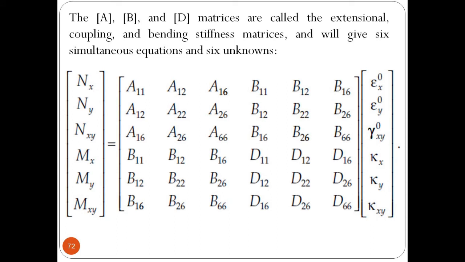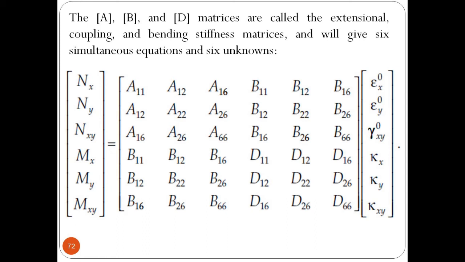After assembling all the A, B, D matrices for the force per unit length and the moments per unit length in terms of the strains and the curvatures, with strains represented by epsilon and curvature by kappa, the fully populated matrix will be described as follows: Nx, Ny, Nxy, and Mx, My, Mxy, with the A, B, B, D matrix.